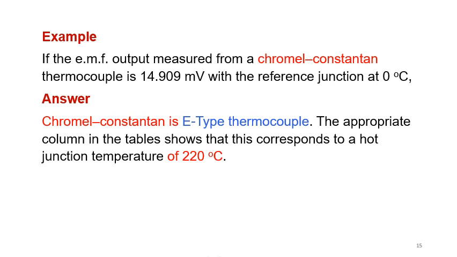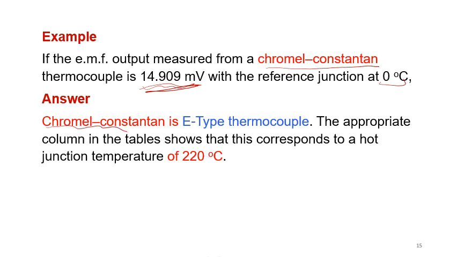The example here for the calculation is saying the output measured from a Chromel-Constantan thermocouple is 14.909 millivolt. This is the voltage measured with a reference junction of 0. That's fine. What we want here is the temperature.